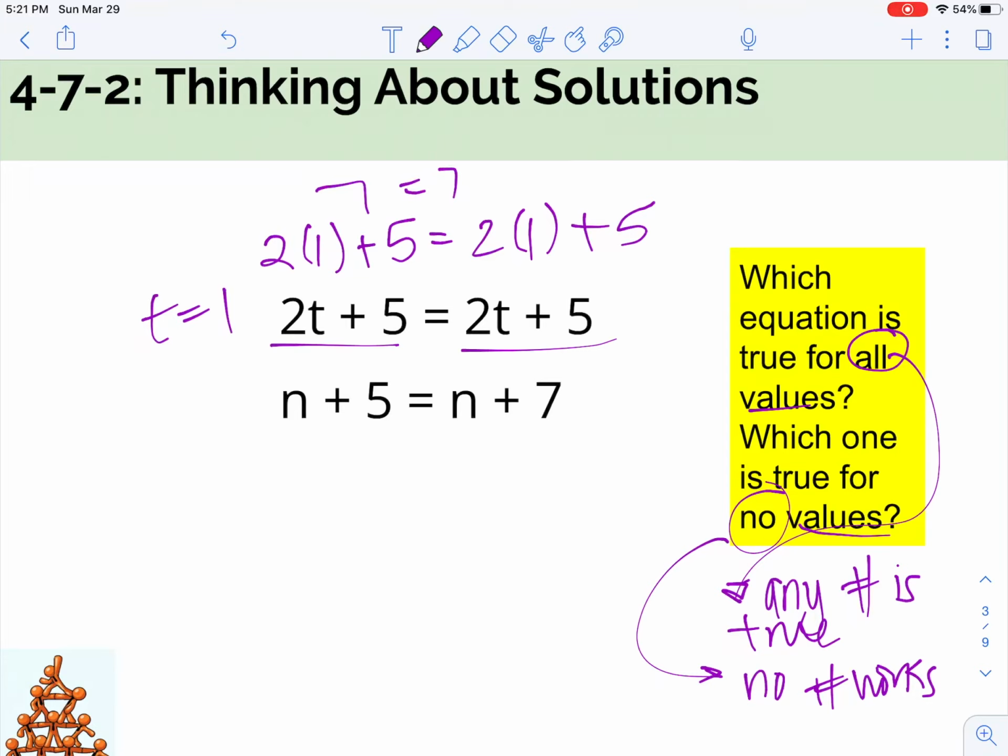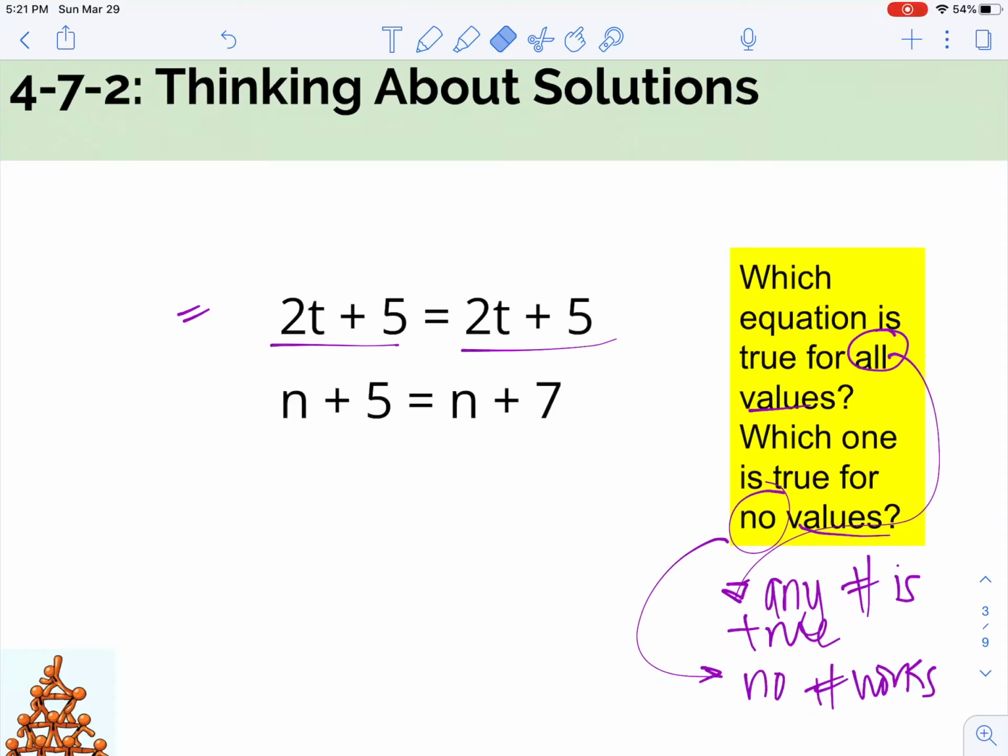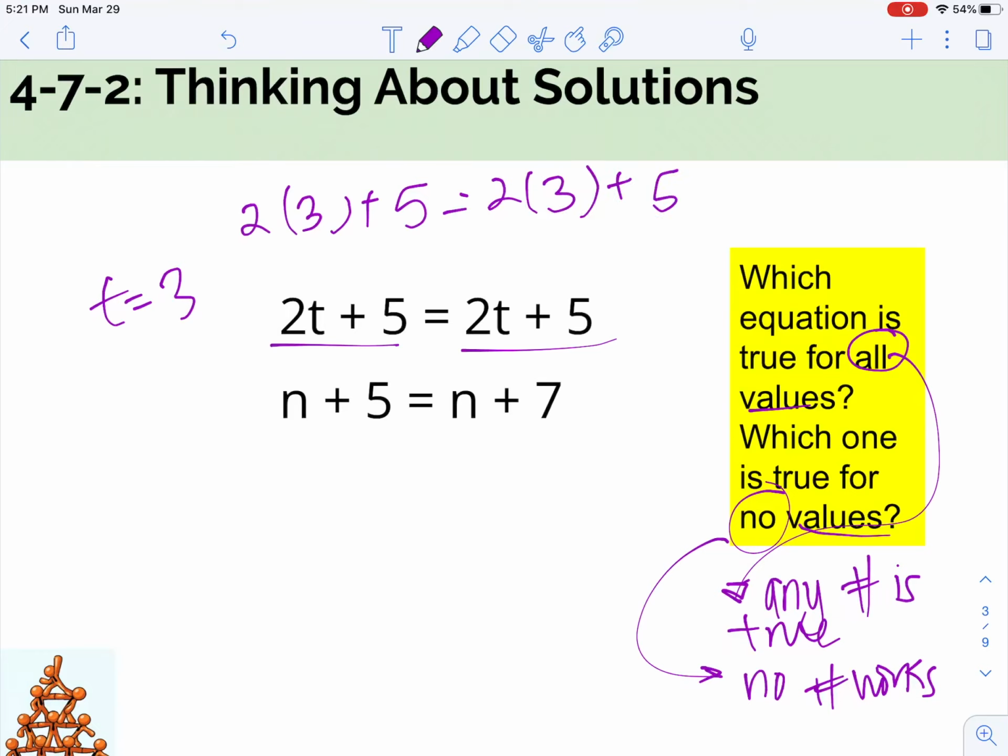If I were to pick a different number, let's say t equals 3, then I could do 2 times 3 plus 5 equals 2 times 3 plus 5. You should get the idea. It's going to be the same, right? So 6 plus 5 equals 6 plus 5.